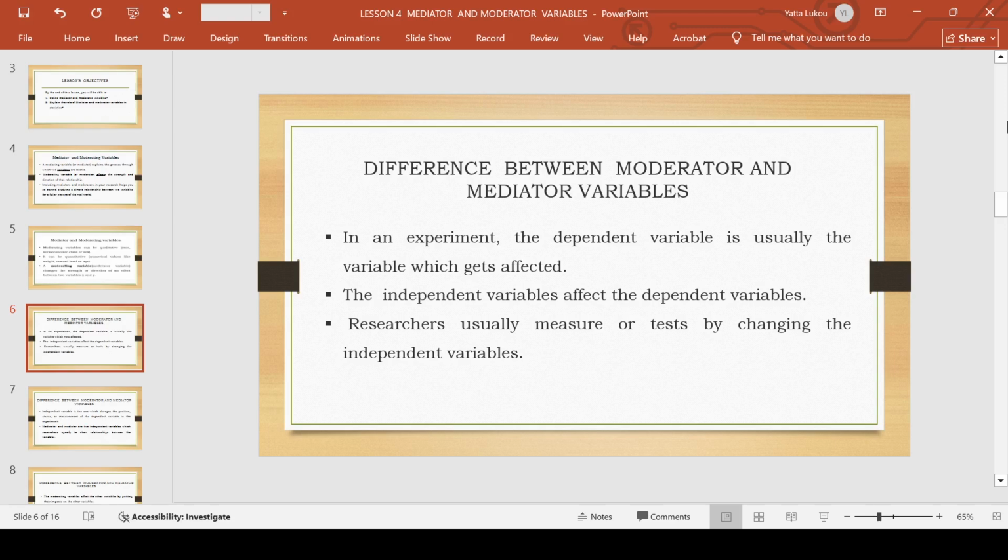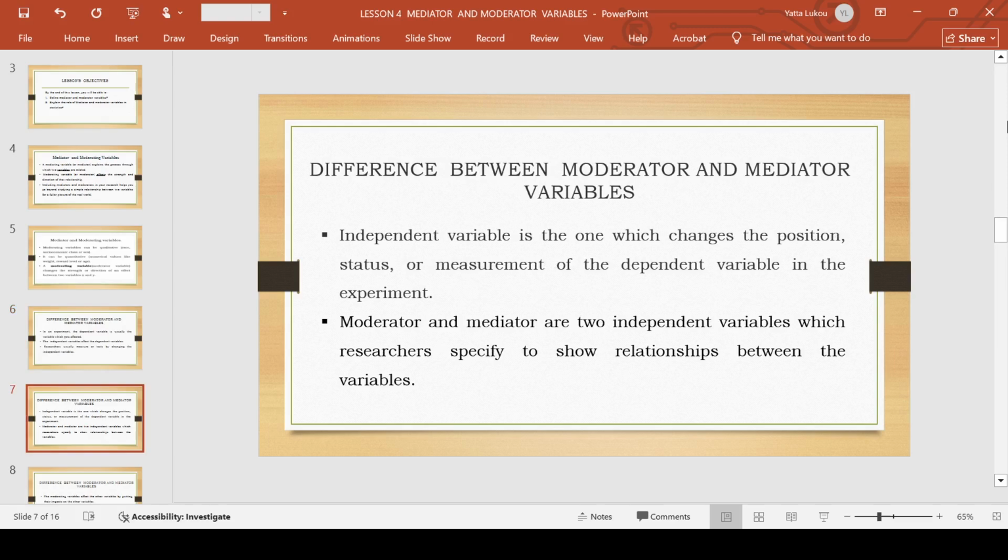In an experiment, the dependent variable is usually the variable which gets affected, whereas the independent variables affect the dependent variables. Researchers usually measure or test by changing the independent variables to know its effect on the dependent variable.